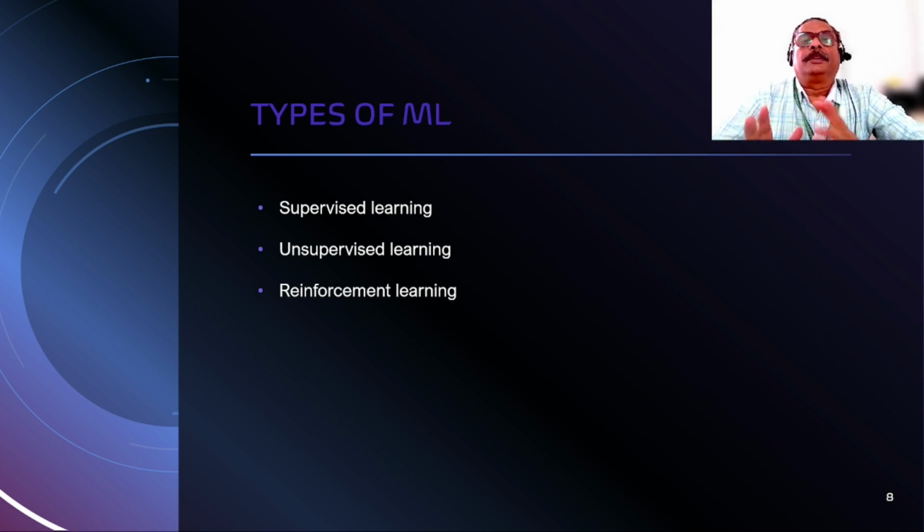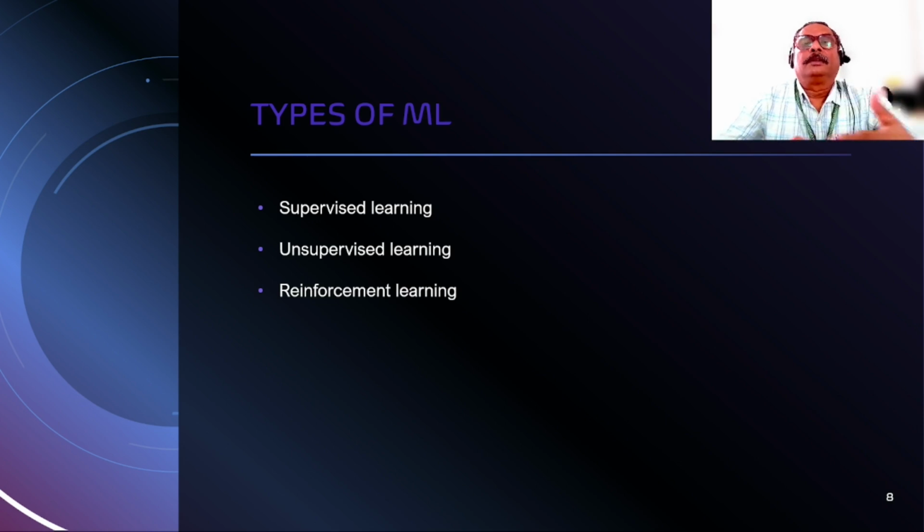So here what happens is we have an environment upon which an agent acts, and the action of the agent affects the environment, and this effect creates either a positive effect or a negative effect. If it is a positive effect, then the agent gets a reward. If it is a negative effect, then the agent gets a punishment.